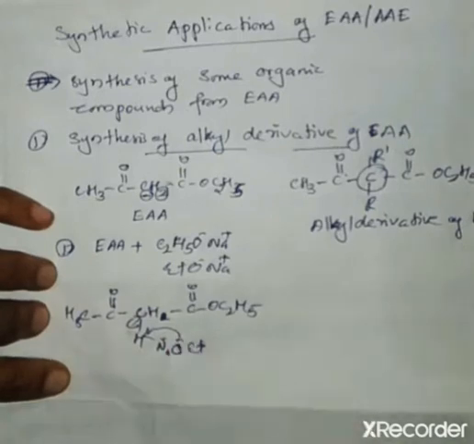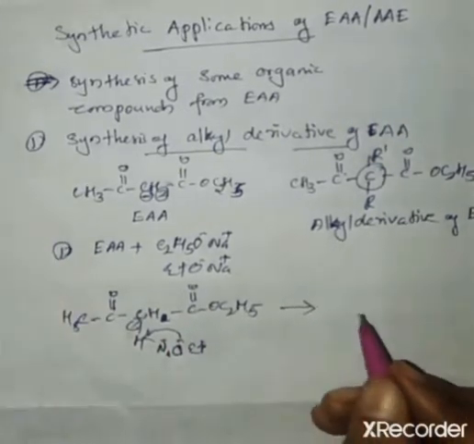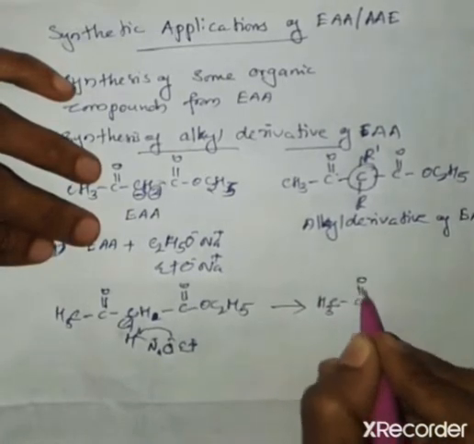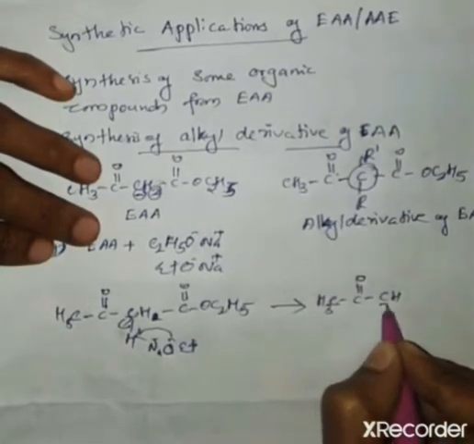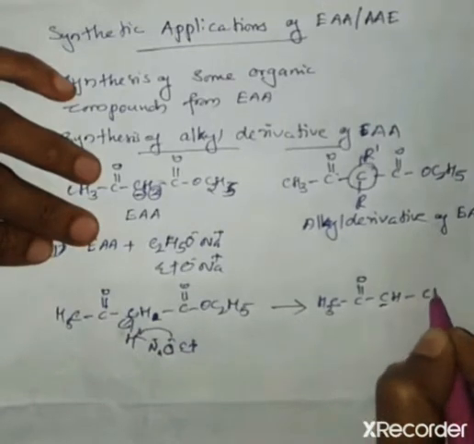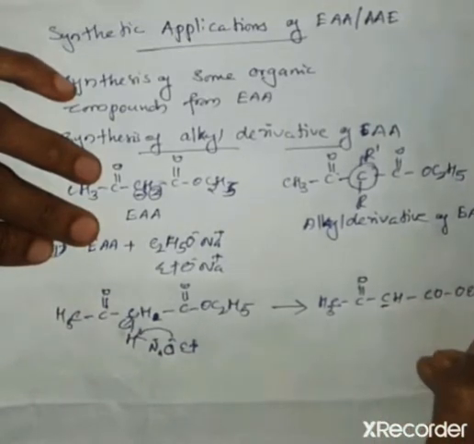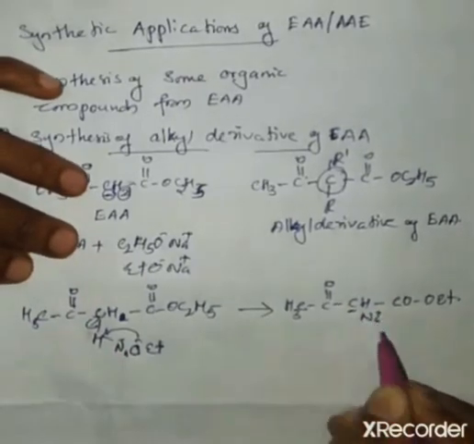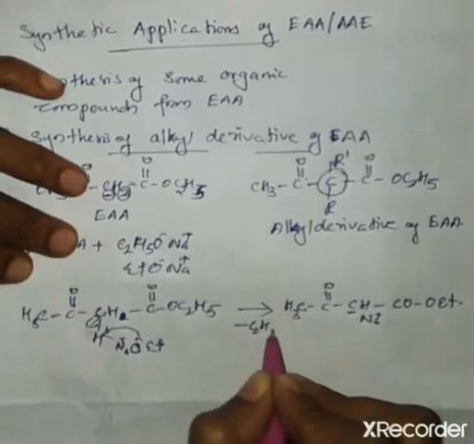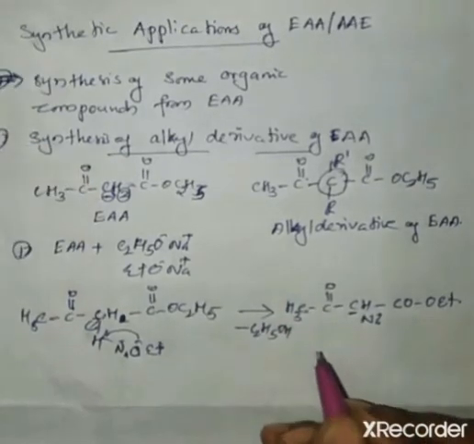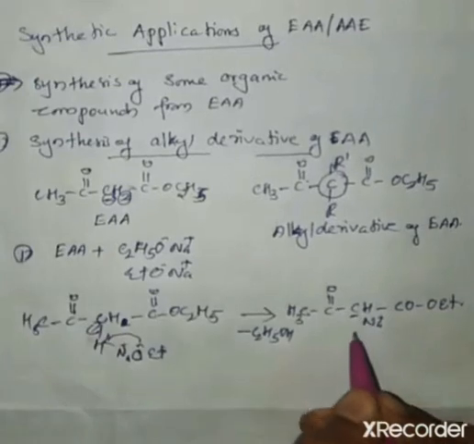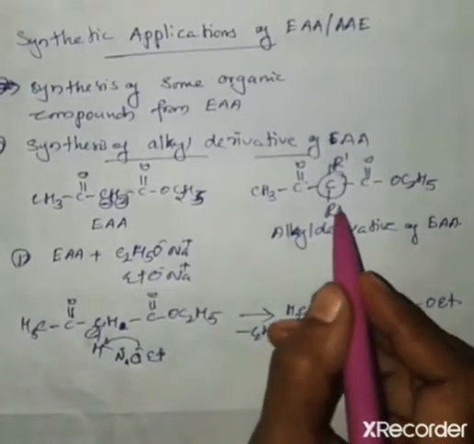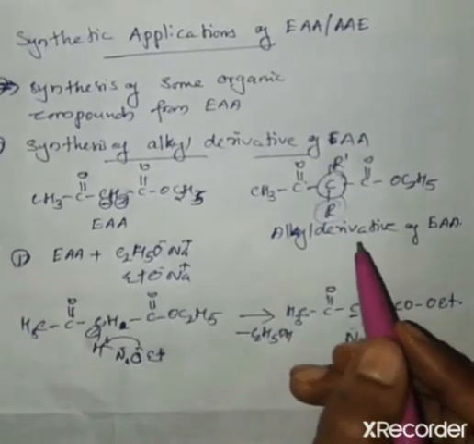This was already studied in the previous class, and we get an enolate anion, CH minus COOEt, with Na plus as the counter ion, and ethanol is eliminated. Then this acts as the nucleophilic center and reacts with the electrophile R plus.